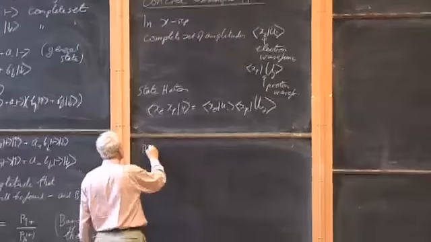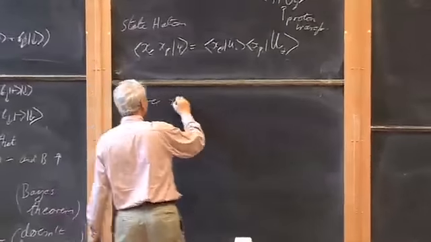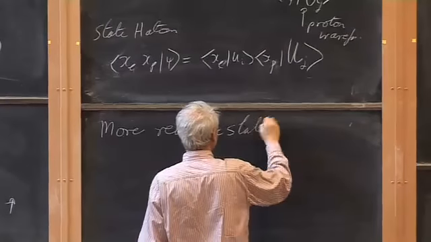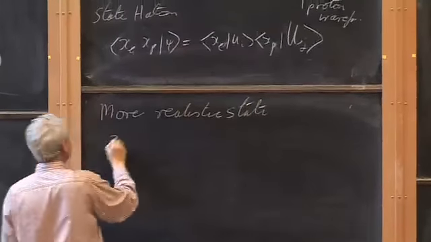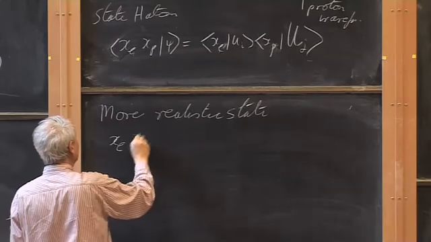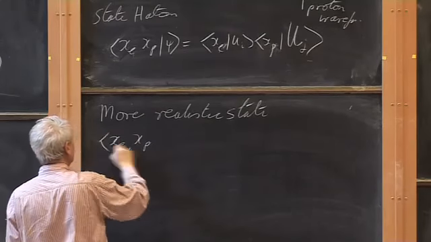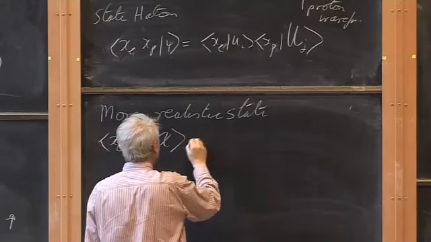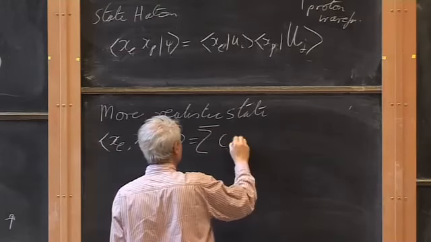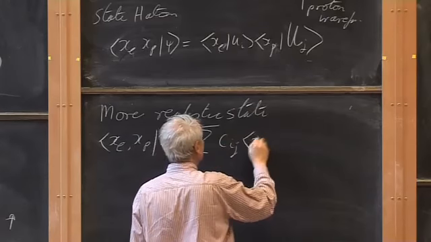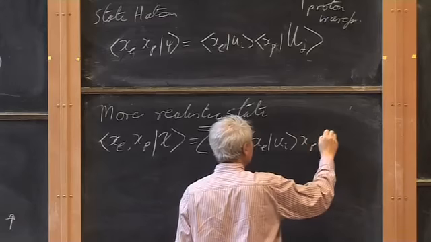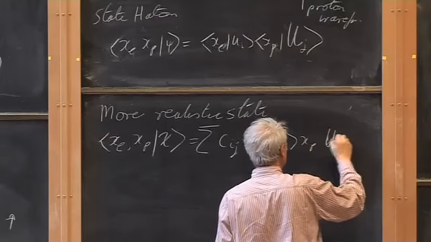A more realistic state might be xe, xp, shall we say chi, for a new label, which would be some sum cij of xe ui xp big U j.